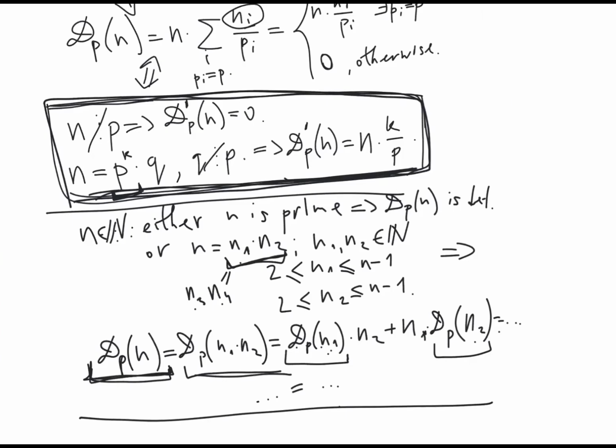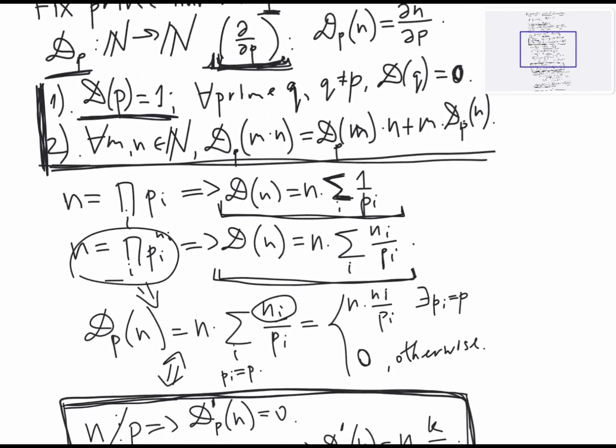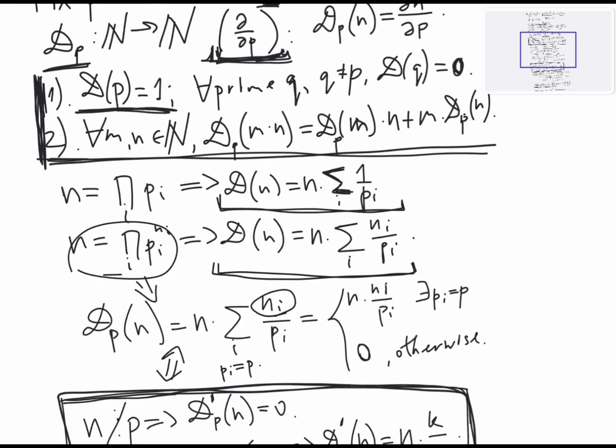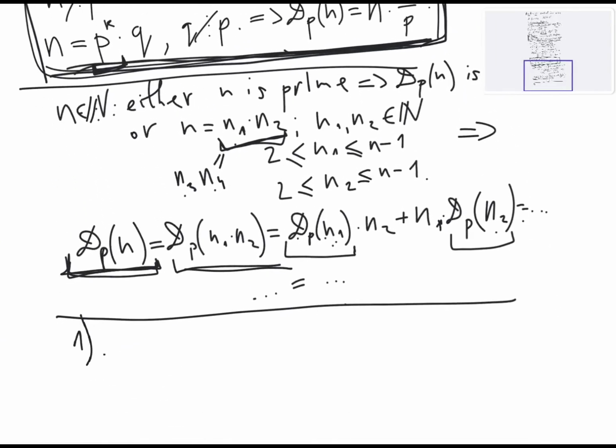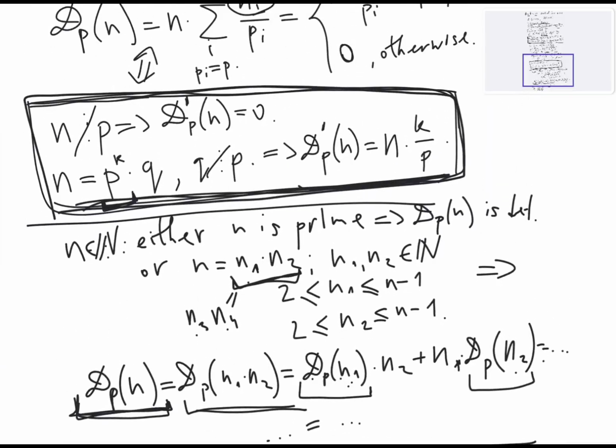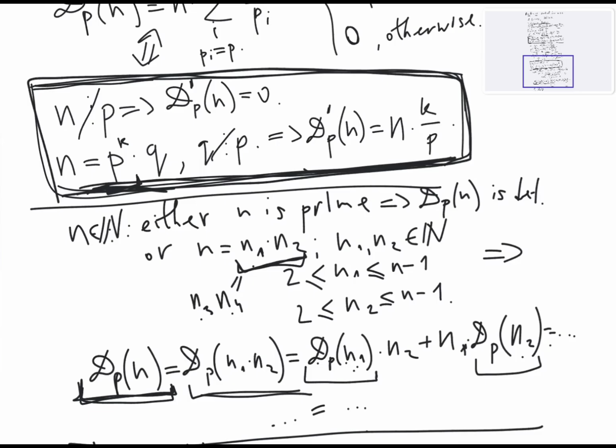So the first property, that for prime numbers, is kind of trivial, right? For prime numbers, d_p prime of p, by this expression, p is expressed as p to the power of 1 multiplied by 1, right?